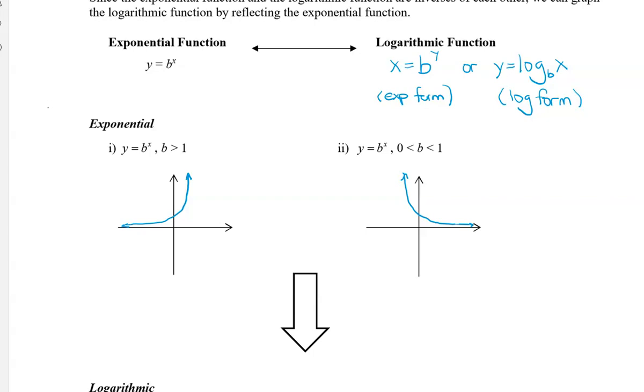Either way, both of these graphs are going to have a horizontal asymptote. So when we want to draw the inverse, in this arrow I'm going to write the word inverse.